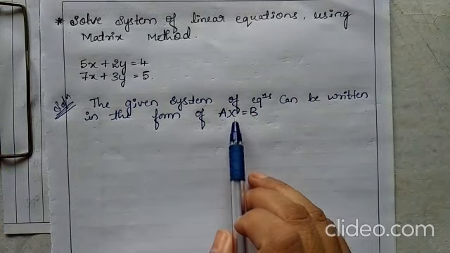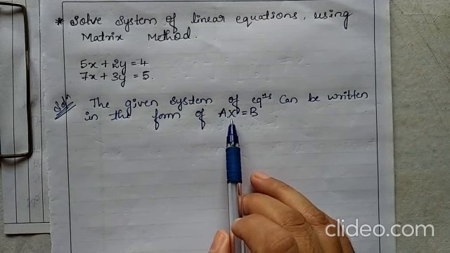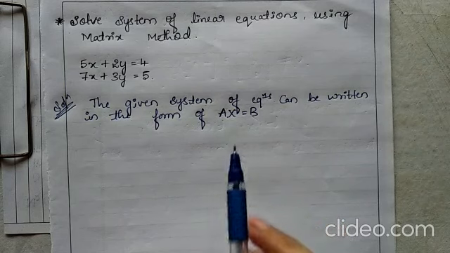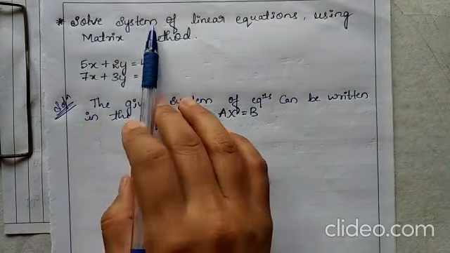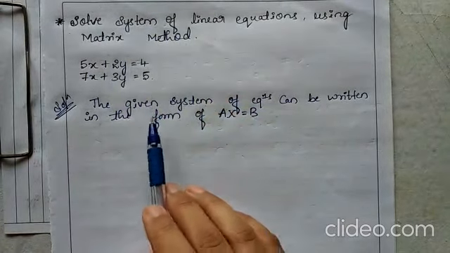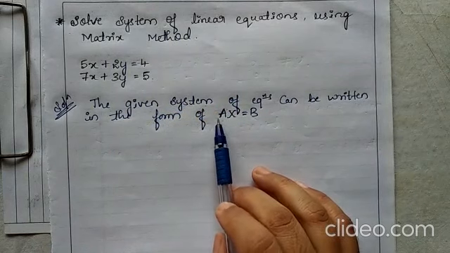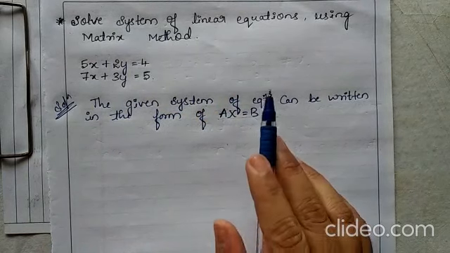But here you need to find the matrix X, that is the values of x and y. That's why they have asked here, solve the system of linear equations using matrix method. So first of all we need to write the given equations in the form of Ax equals to B.